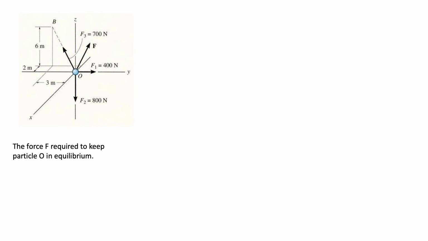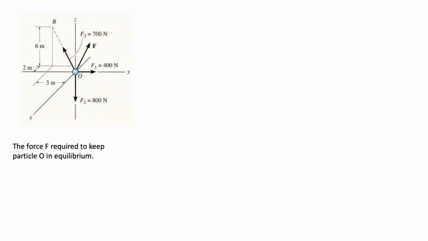After that, the resultant vector should be the complete opposite of the force F, so that they can cancel, and then the particle O will be in equilibrium. Now, we can use the rectangular component method to solve this problem. This time it's easier if we use the IJK notation.